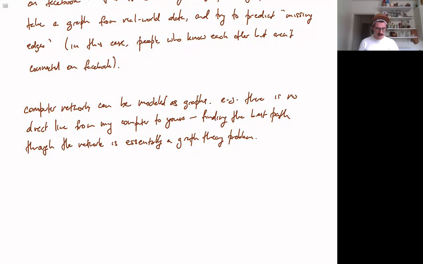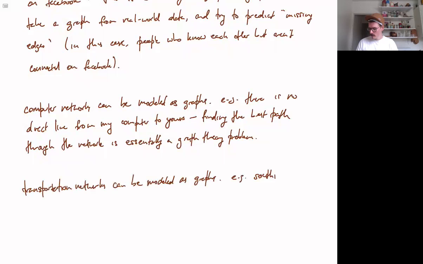And then maybe one last example, transportation networks, can of course be modeled as graphs. So, for example, whatever your airline of choice, Southwest Airlines does not serve every airport in the country.